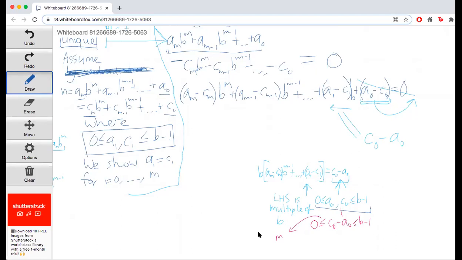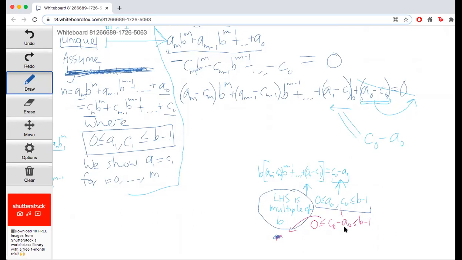Okay. Yeah, so basically all I wanted to write there was multiple of B, right? Wait, hold on. Couldn't C0 minus A0 be negative? Oh yeah, you're right. Here what I did was get C0 minus A0 equal to B minus 1 by setting C0 to be the biggest number and A0 to be the smallest number.